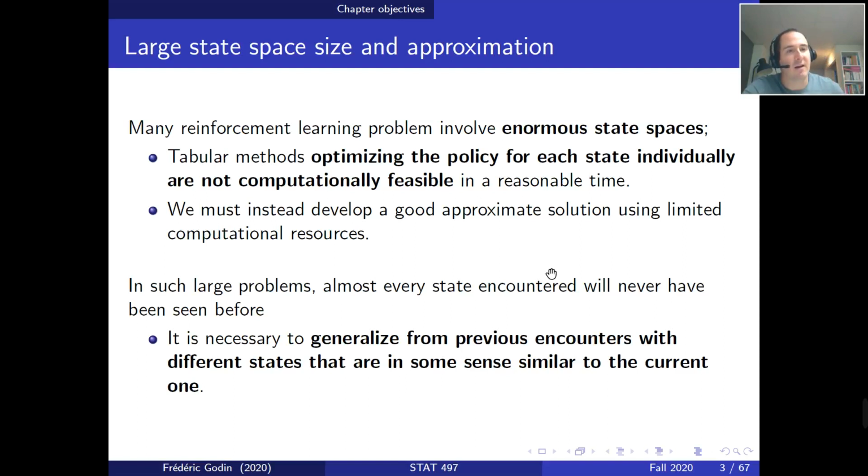So this is not feasible. The algorithms as they were presented earlier would work for small problems where the state space is of limited size, but for enormous problems it would be problematic to use them as presented earlier.